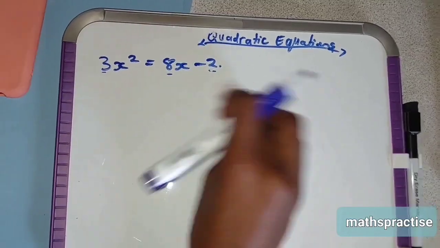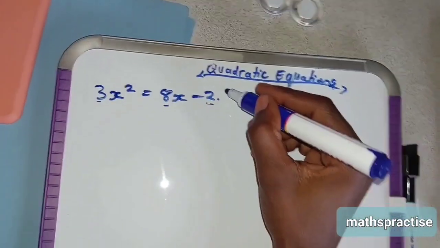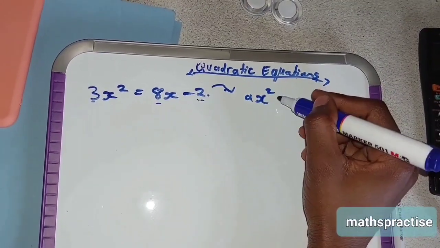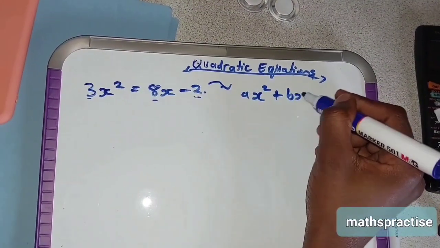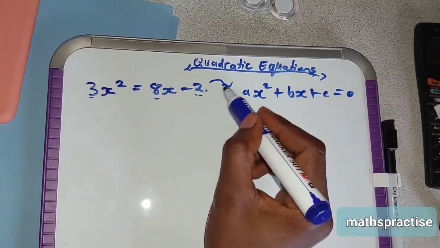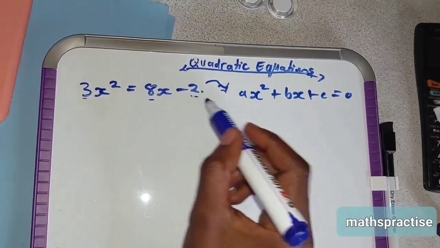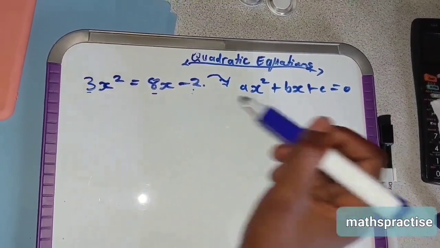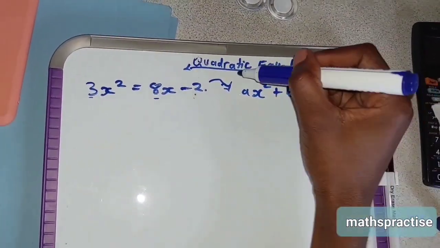So you go back to the general structure of a quadratic equation: ax squared plus bx plus c is equal to 0. So you now know that you have to rearrange the equation you are given to fit this formula.